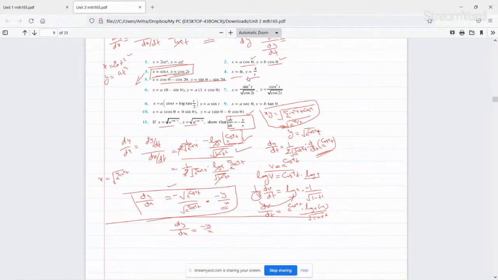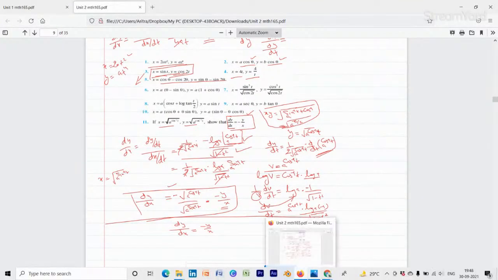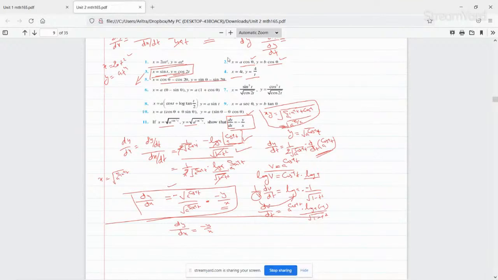We can take another sum, this one, a cos theta and b sin theta also. When we are differentiating x with respect to theta, dx d theta is equal to minus a sine theta, and dy d theta will be equal to minus b sine theta.